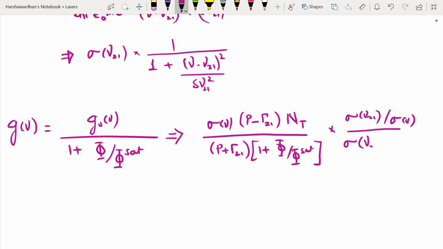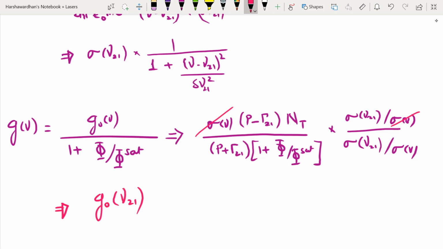Similarly here, sigma nu to 1 divided by sigma nu. And you see now I can cancel a few terms, right? And I can rewrite this whole thing in the following form, which is G naught of nu to 1.